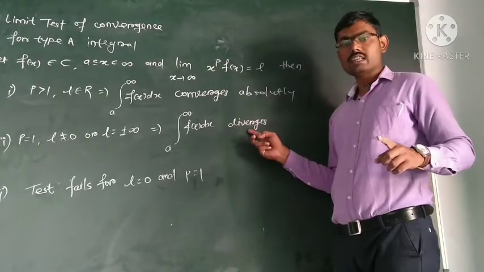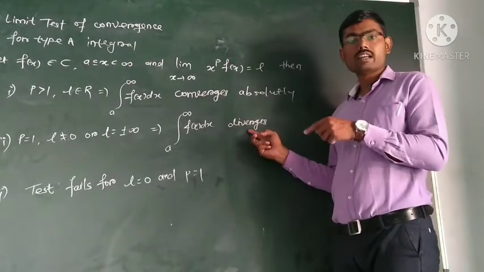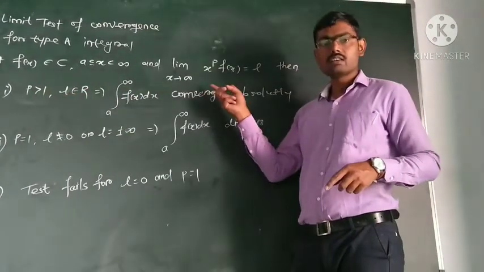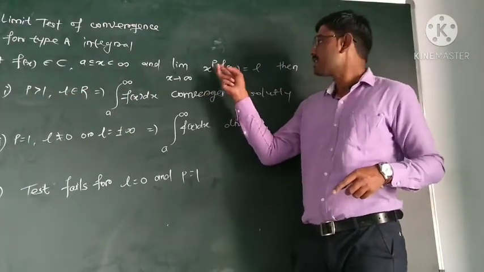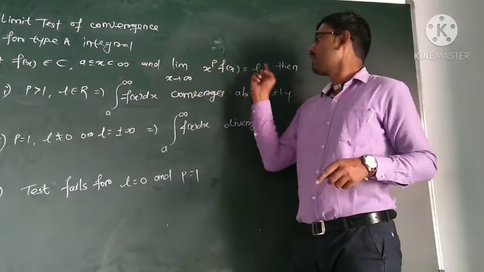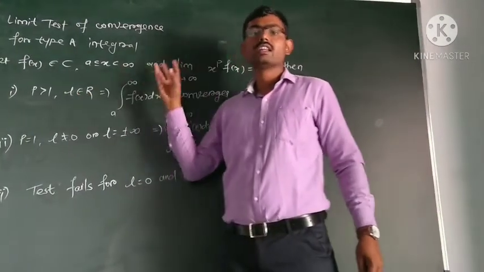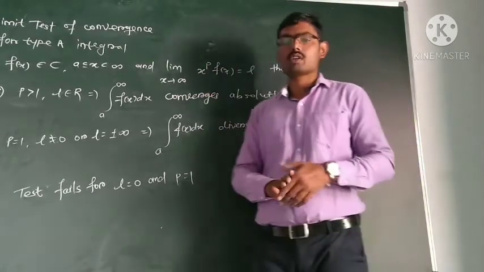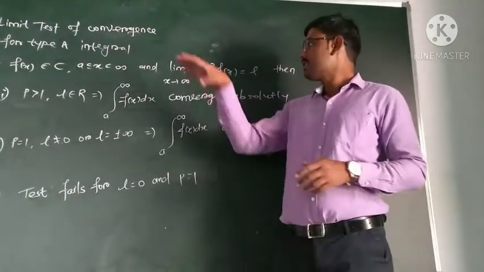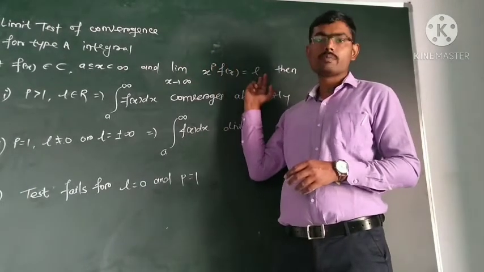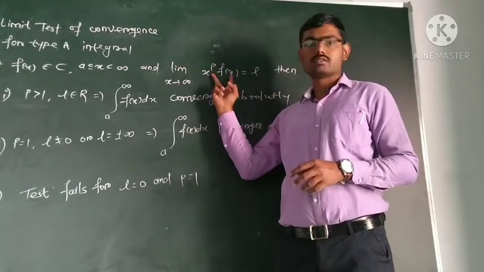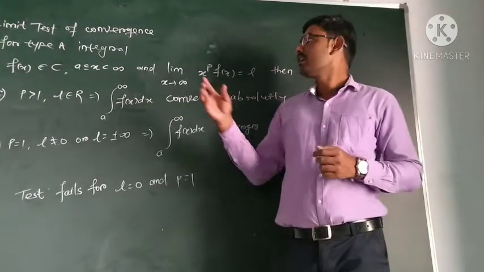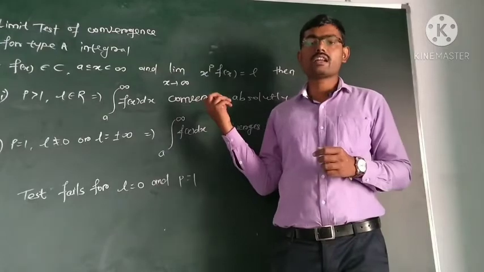But if they say to show the integral is convergent, then we have to take the value of p greater than 1 and check the limit of x to the power p into f of x. If this limit is a real number, then the integral is convergent absolutely. This is the limit test of convergence. This test is based on the value of p and the value of the limit of this function. We will see examples based on this test, so your idea will get clear.